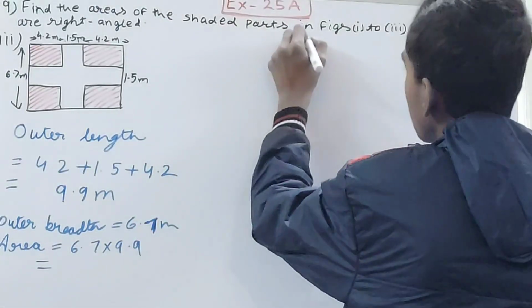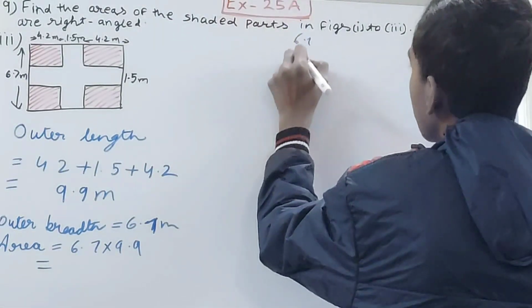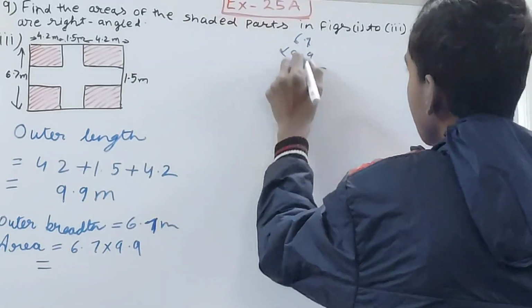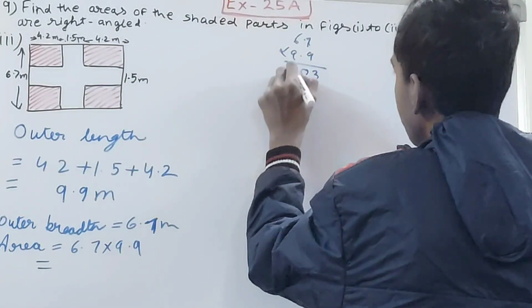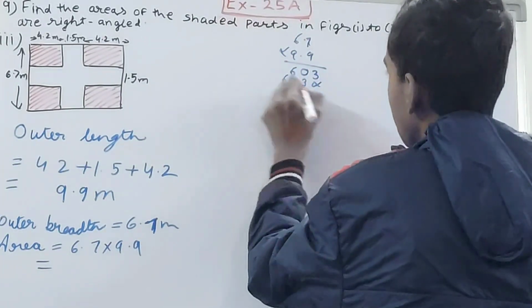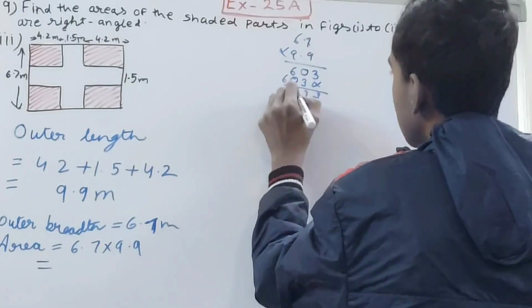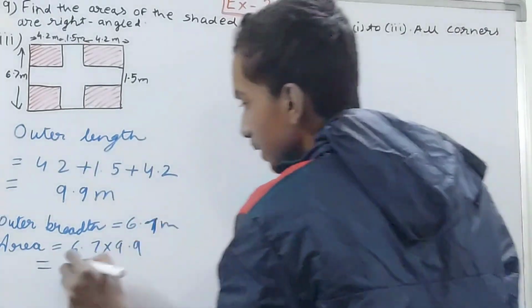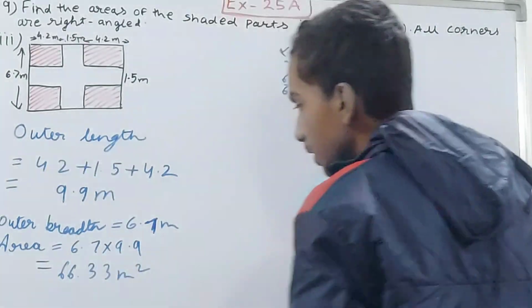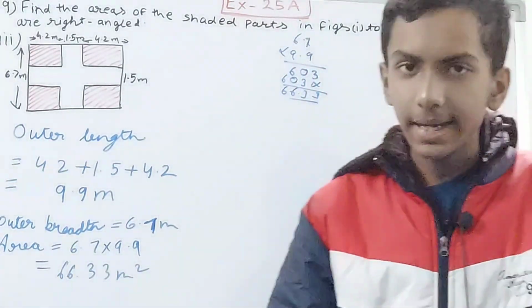Let's quickly see what I get here. 9 sevens are 63, and 6, so we have 603, 3366, 66.33 square meters. That's your area of the entire figure.